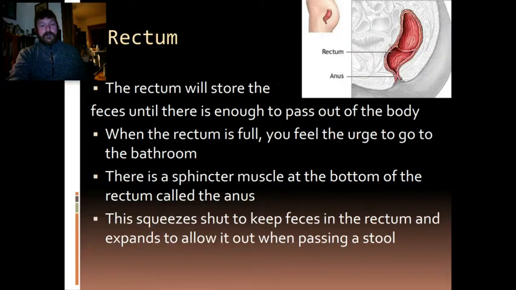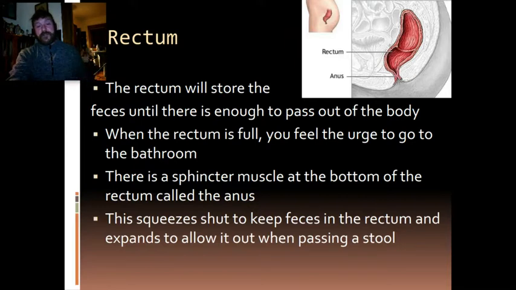The last part of this is the rectum. The rectum itself is the lowest part of the large intestine, where fecal material will wait until there's enough of it that you can actually go to the bathroom.